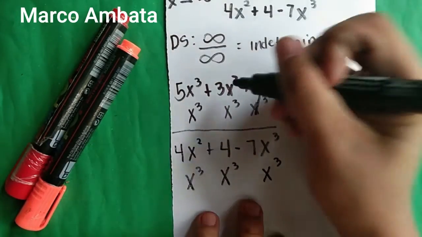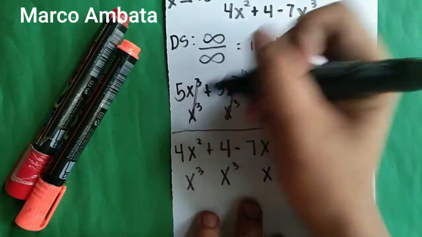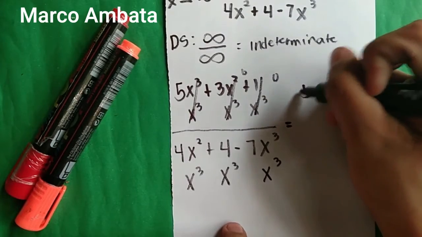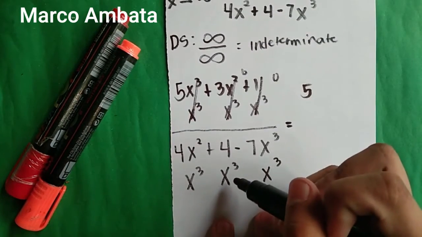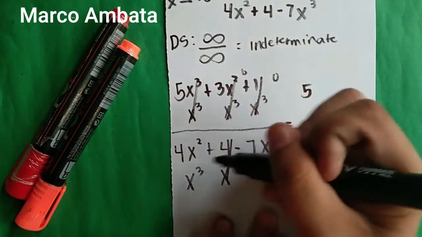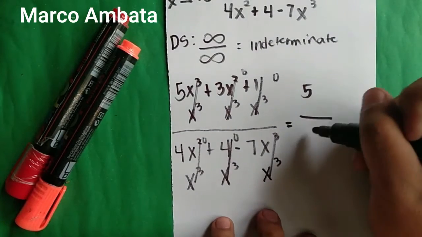So, cancel, and this will become 5. On the denominator, we are also going to cancel this, and this, and it will become 7.